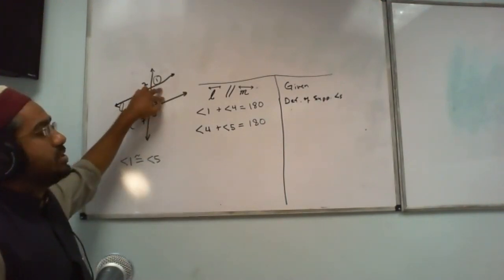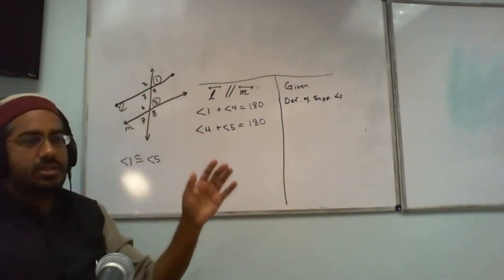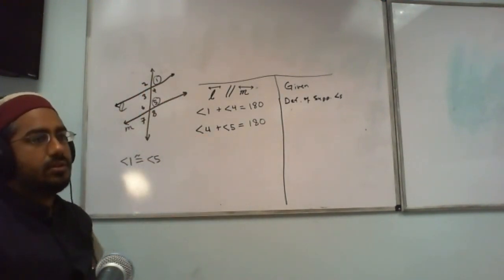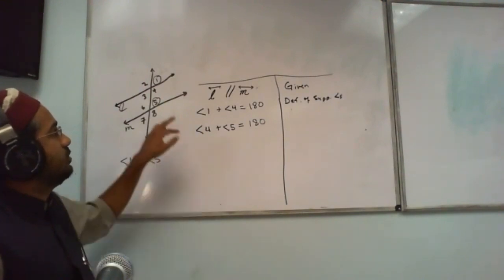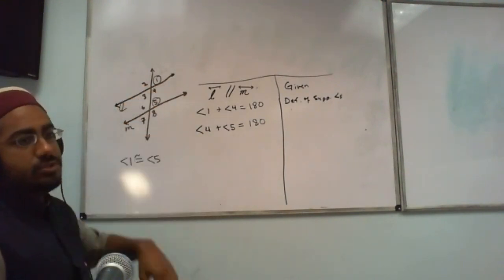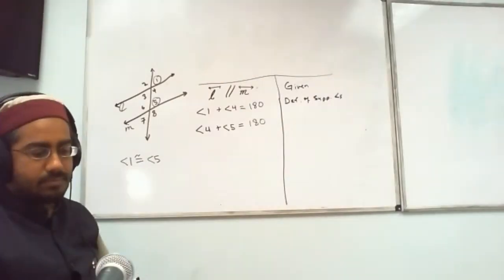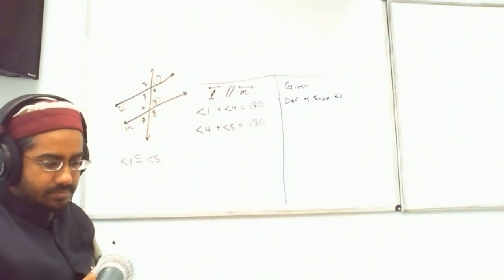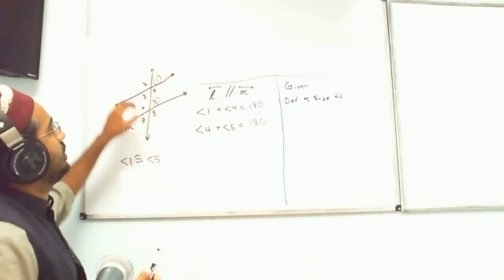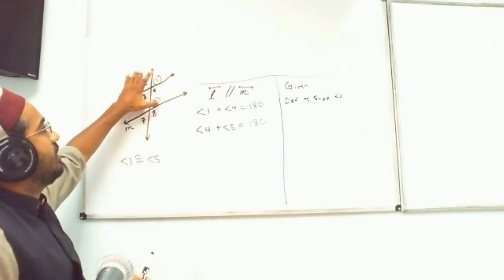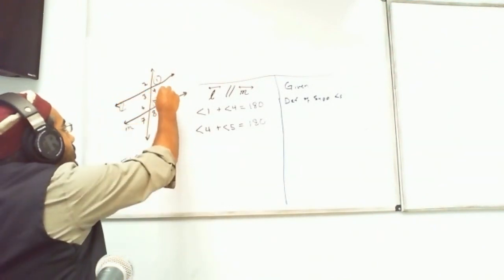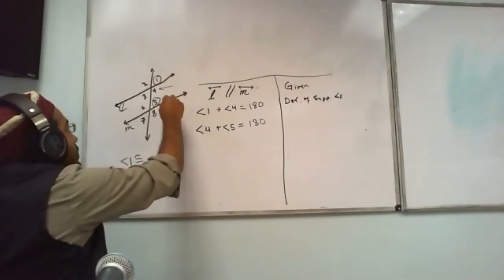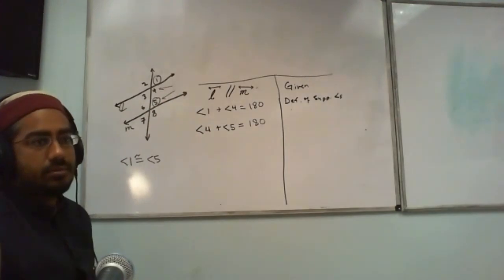Remember those names we were talking about? Alternate, same side, exterior, interior, all those things. What do we call these two together? Corresponding would be like 1 and 5. I'm talking about these two right here.